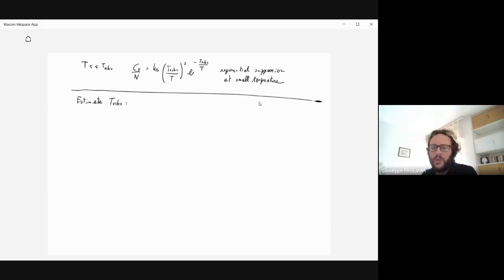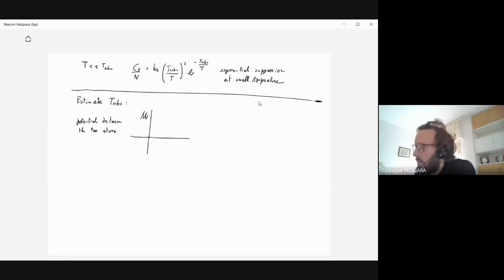To do that, we will do a back of the envelope calculation, which can be done as follows. Now consider the potential between the two atoms in this molecule, which will typically be, as we have described another time, repulsive at short distances and attractive at large distances.